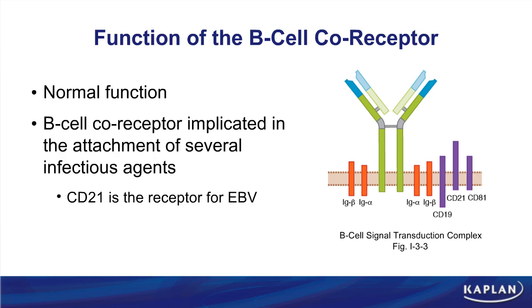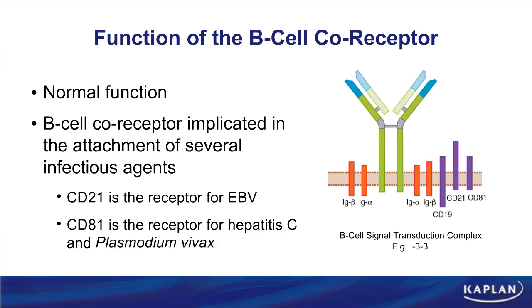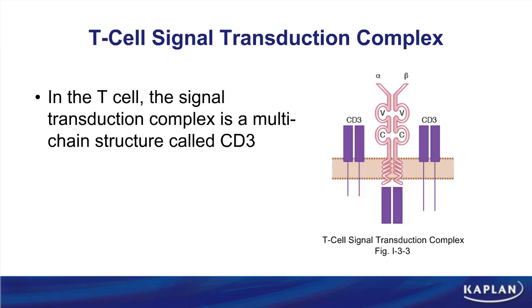That is really the major reason that we see a lot of the symptoms that we do in Epstein-Barr virus, because that virus can get into any B cell regardless of its specificity. CD81 is the receptor for hepatitis C virus and also Plasmodium vivax. Although those are not as high yield as CD21, they're probably important to know as well.